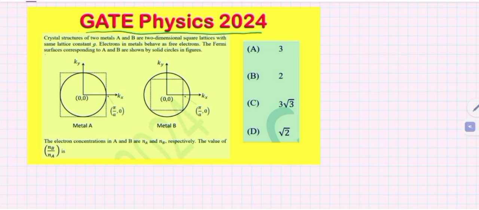The actual question is: the crystal structures of two metals A and B are two-dimensional square lattices with the same lattice constant A. Electrons in the metals behave as free electrons, and the Fermi surfaces corresponding to A and B are shown by solid circles in the figure. This first one is the metal A Fermi surface, and this is the metal B Fermi surface, along with the first Brillouin zone boundary.